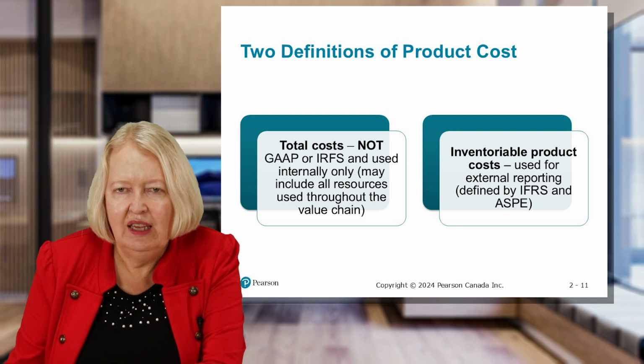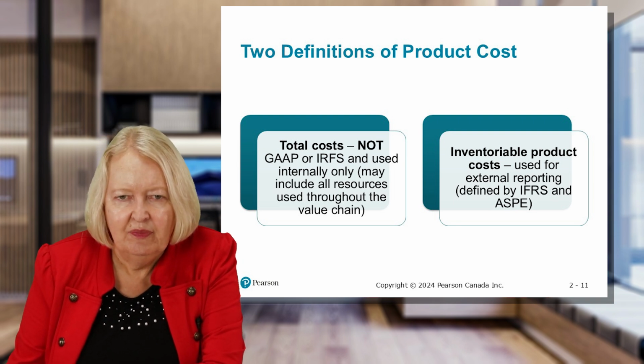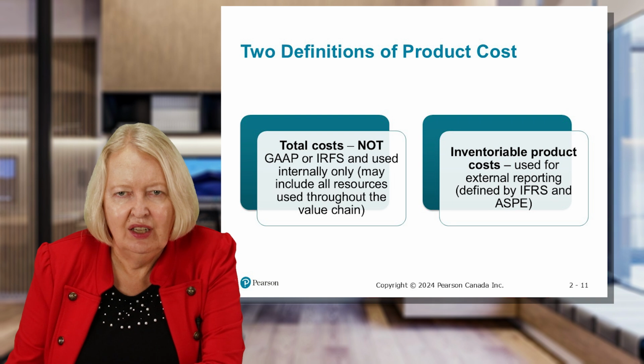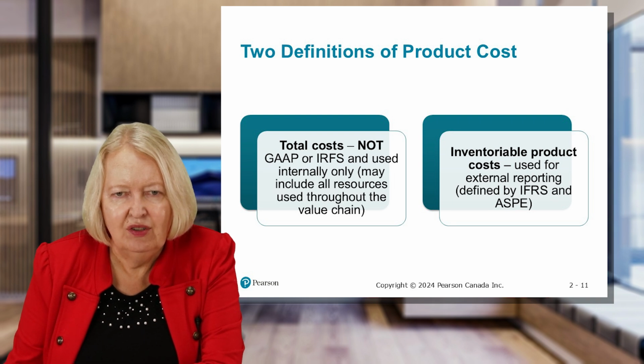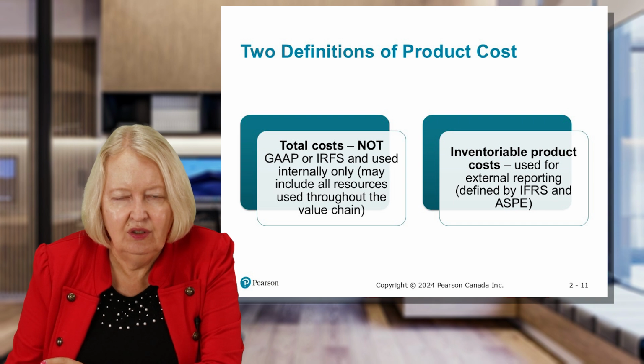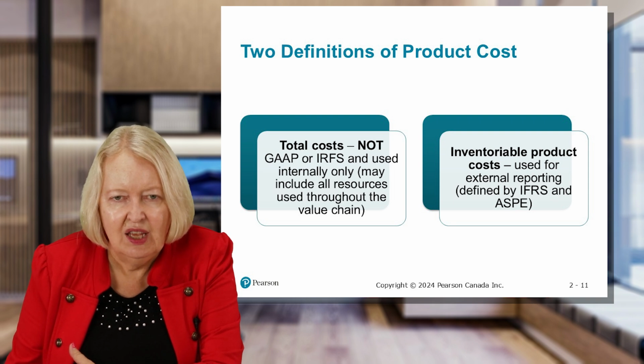When you're looking at the cost of a product, depending on what you're using the information for, it can differ. So the total cost is what you use internally. When you're calculating the cost of a product to make internal management decisions, you want to capture all of the costs for making that product.